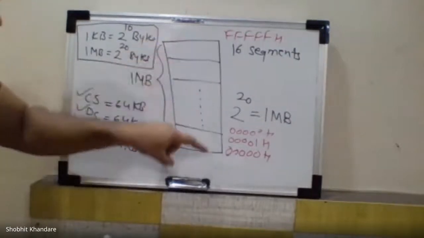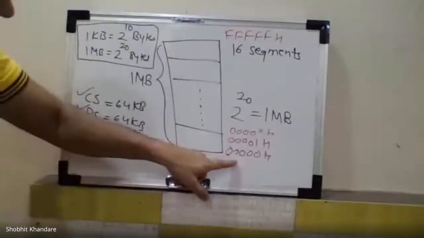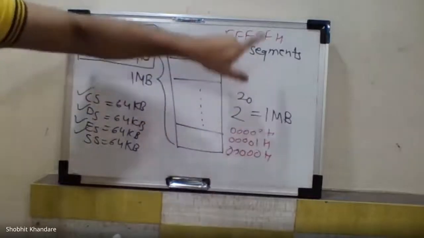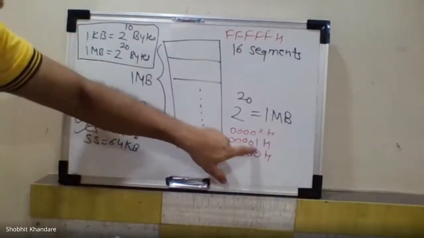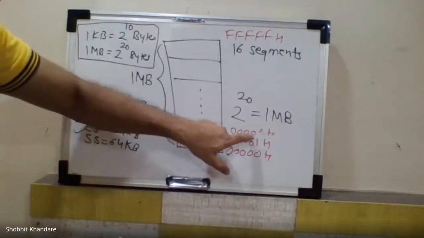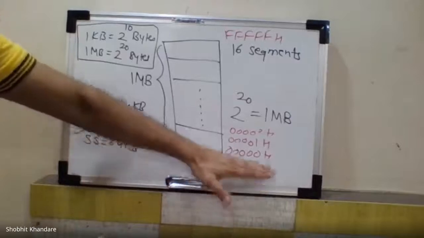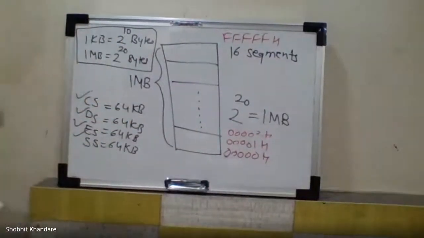That 1 IC of 1 MB has these addresses 00000H to FFFFFH. They are called linear addresses. Linear means 00000, after that 00001, then 00002, then 00003. So this is called linear addressing. But it has a drawback, which I am going to explain next.